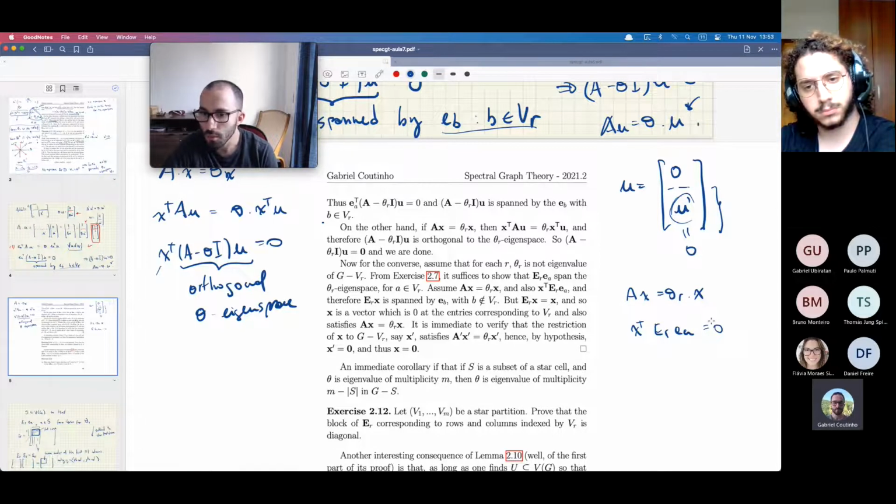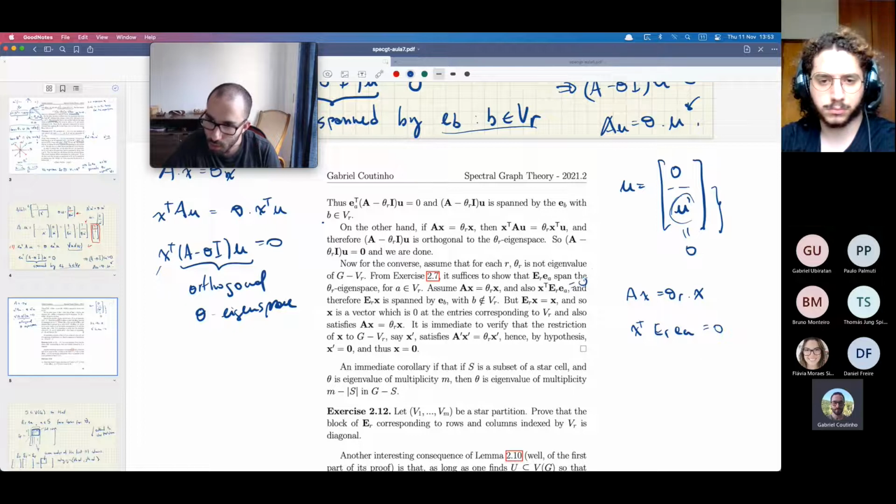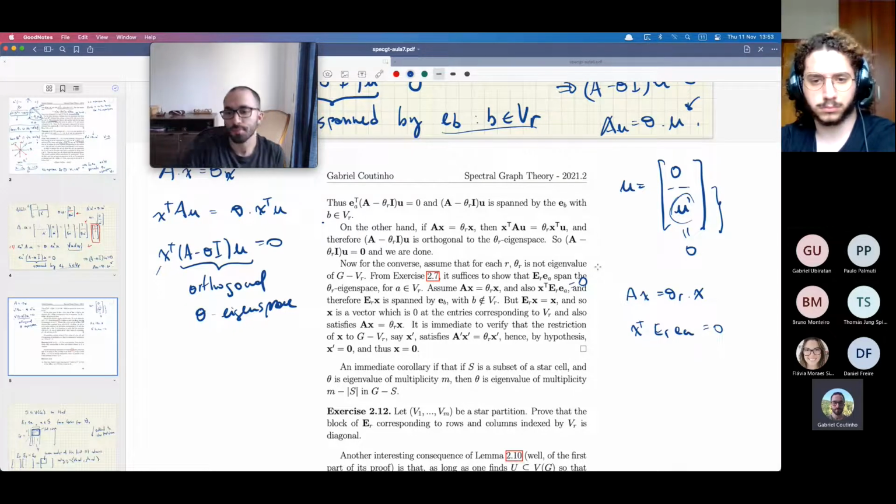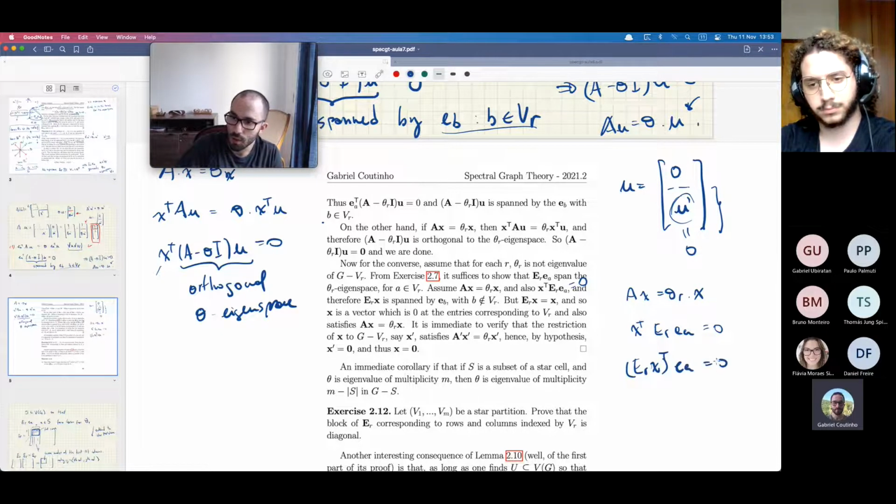Hold on a second. Yes, so equal to 0 missing here. This means that E sub r x transpose E sub a is equal to 0.